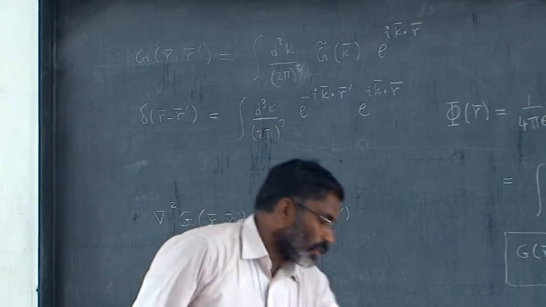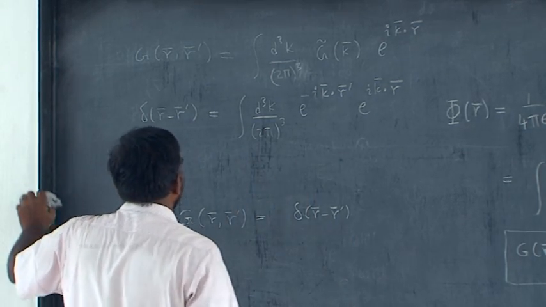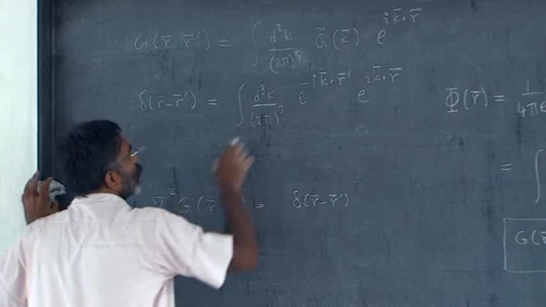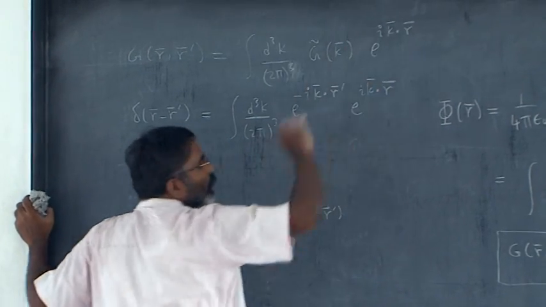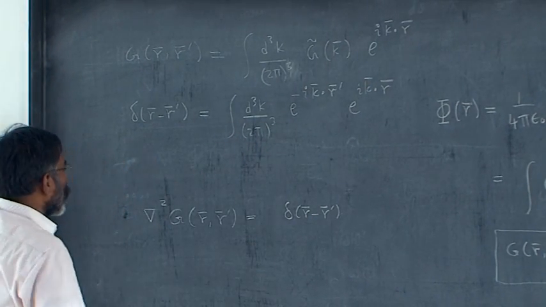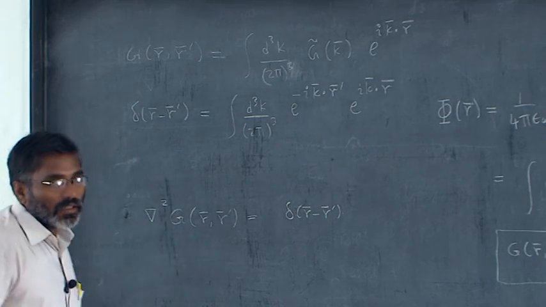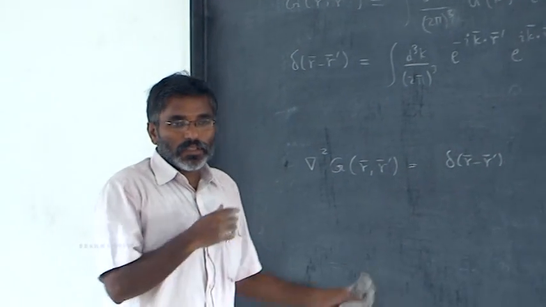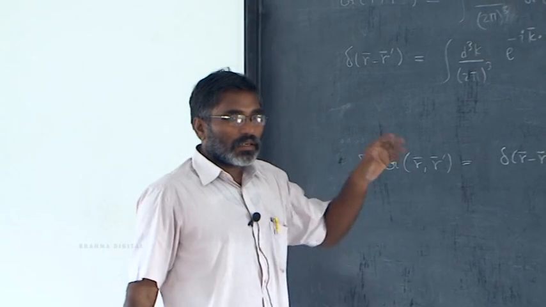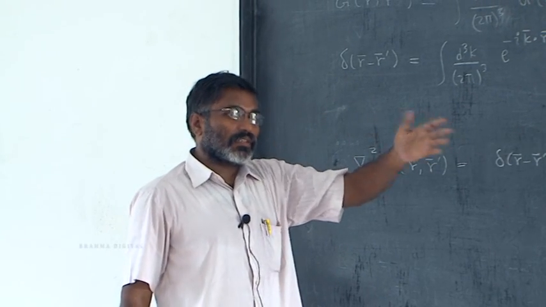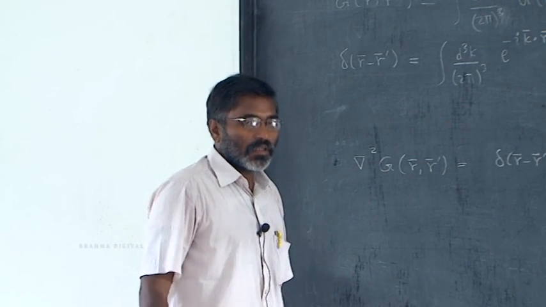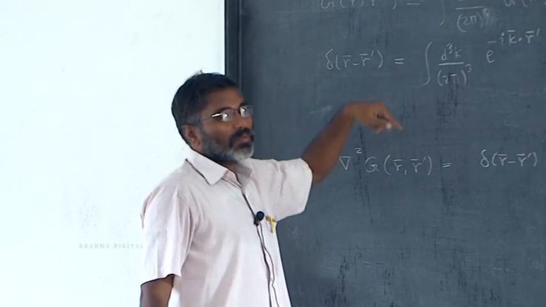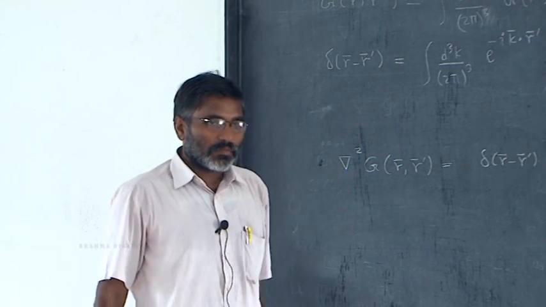So if I substitute that in this equation, you can see that this del square will act only on this one, you will get minus k square. So I will have essentially all the integral transforms, Green's function, everything. Integral transforms, if you see, convert all differential equations into algebraic ones. And here we will get an algebraic equation for the Fourier transform of the Green's function.